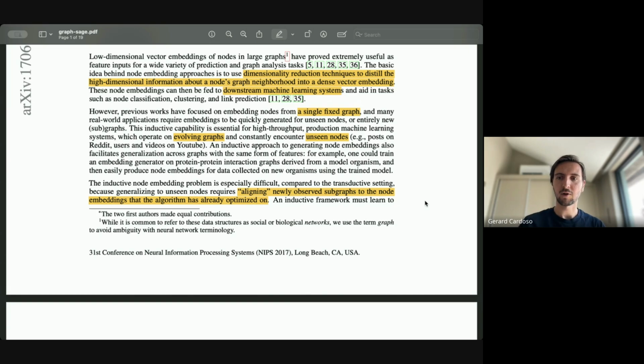They have graphs of transactions across users, bank accounts, and different entities, and they use the embeddings created by GraphSAGE to improve their fraud detection, which I thought was quite neat. And that's obviously an ever-evolving graph with ever new entities.